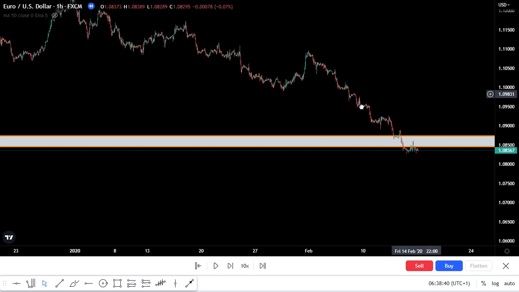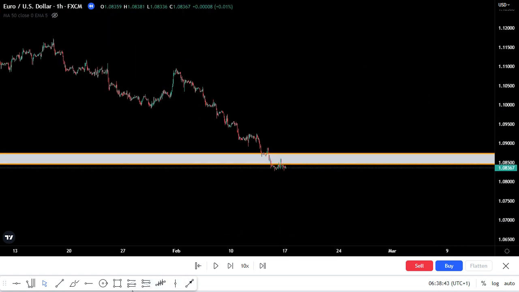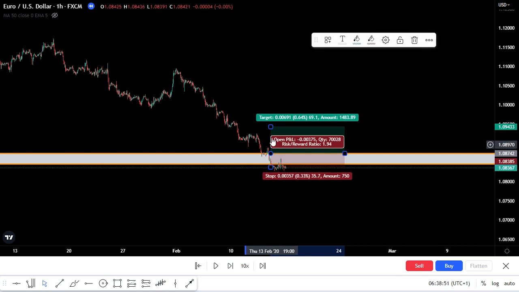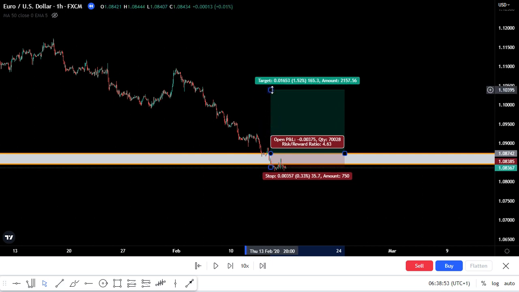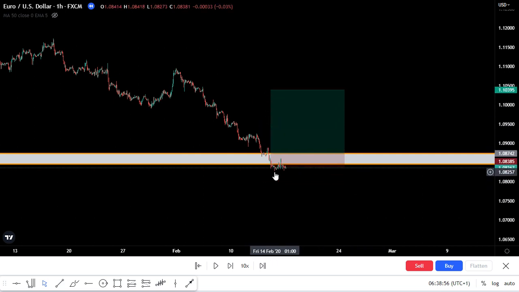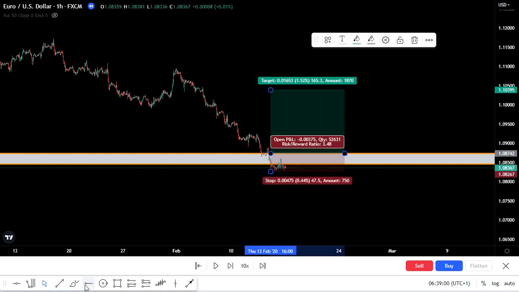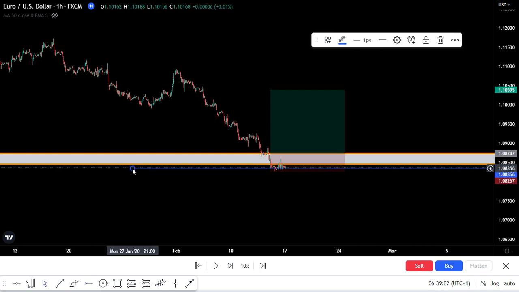Now if you look here, anybody who made entry at this zone, let's say you entered your buy here because the price is just at your support level, by now your stop loss has been triggered, because basically your stop loss should be below the support level, which is somewhere here.